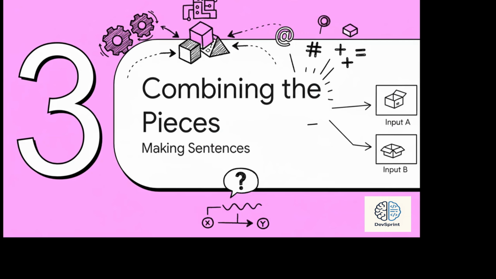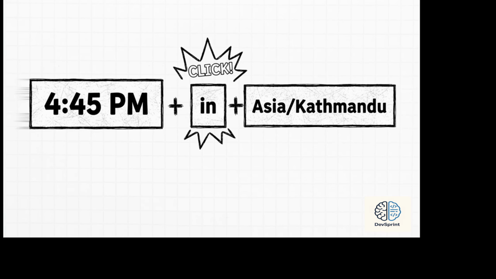Okay, so variables can store information, and they can update that information. Cool, but what else can we do with them? Well, we can start combining them to create much more interesting and dynamic results. Let's see how that works. We can literally take our time variable, our time zone variable, and use a plus sign to stick them together with some other text, like the words in. When you use a plus sign with text in programming, it's called concatenation.